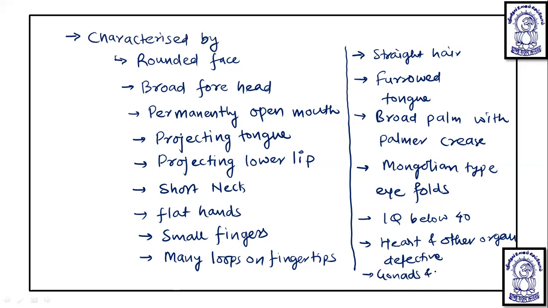Gonads and genitalia are undeveloped. Okay, so these are the characteristics which you will see in the victim or offspring with Down syndrome.